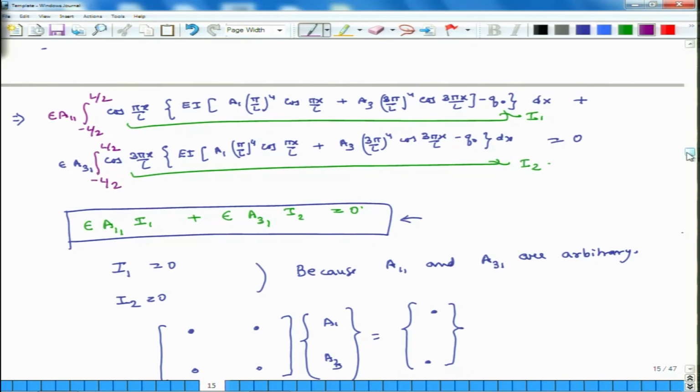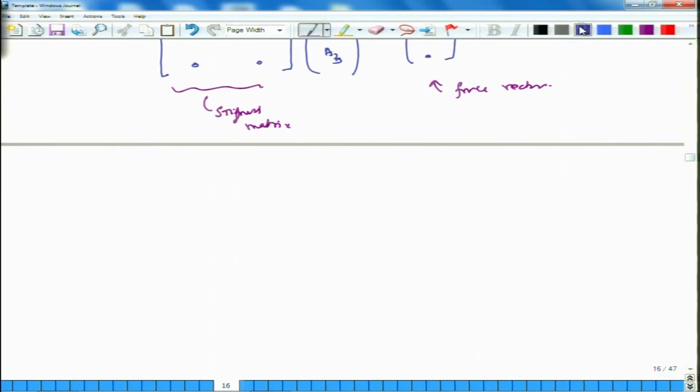Once you do that, you get the values of A1 and A3, and the results are A1 is equal to 4 over pi to the power of 5 times q L4 divided by EI, and A3 is equal to A1 by 35, negative of that.